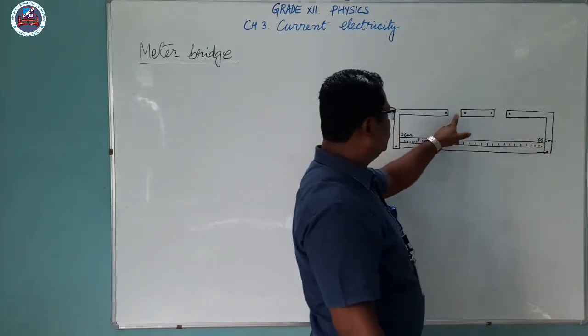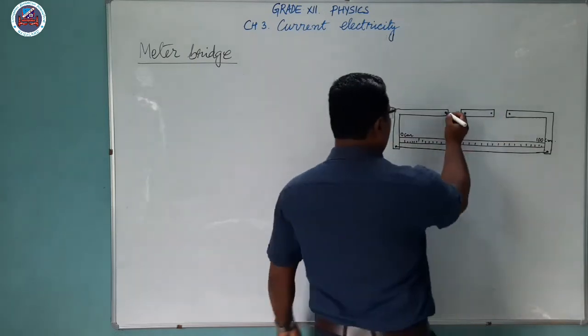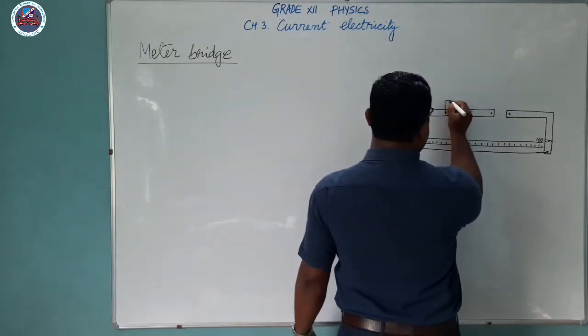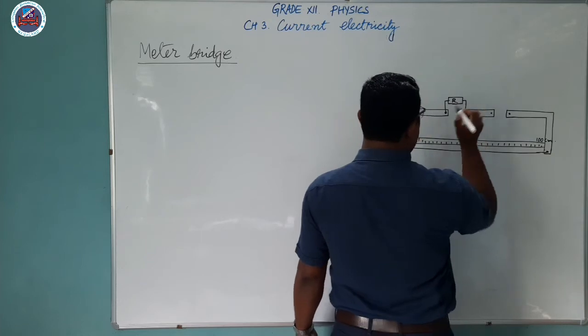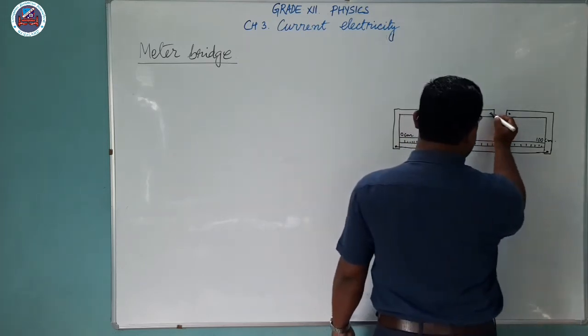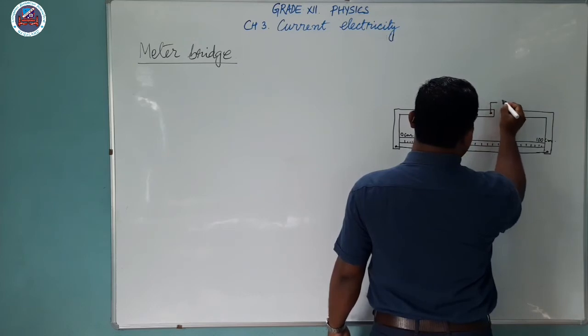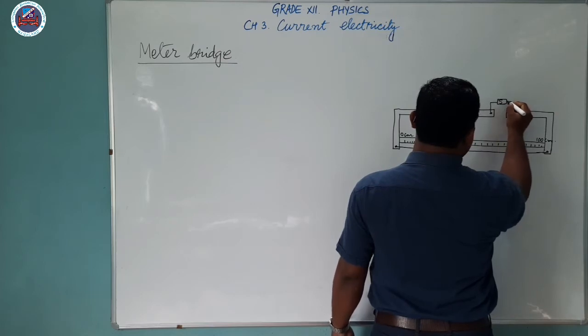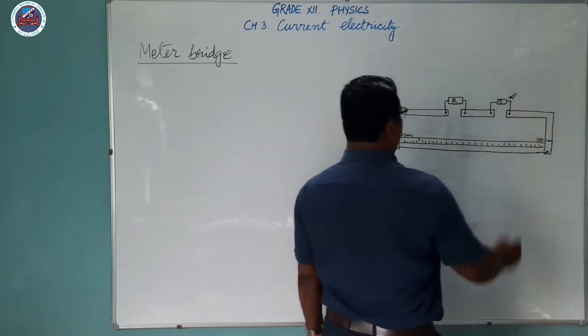Here you can find 2 gaps. In one of the gaps, you will put 1 known resistor, let us say it is R, and in the other gap we will put 1 unknown resistance that we want to find out, let us say it as S.